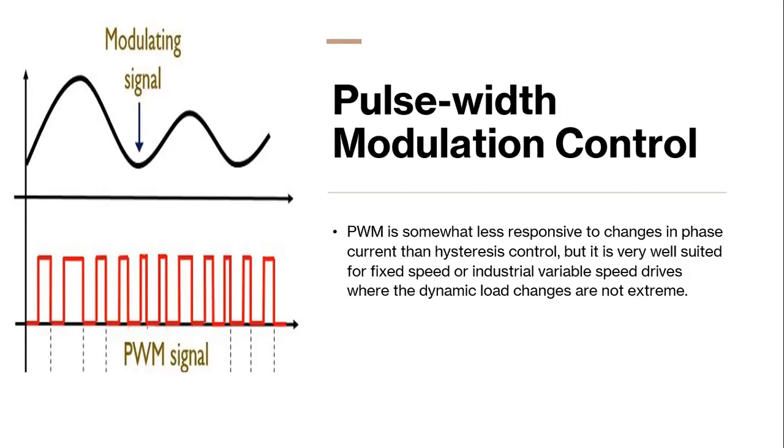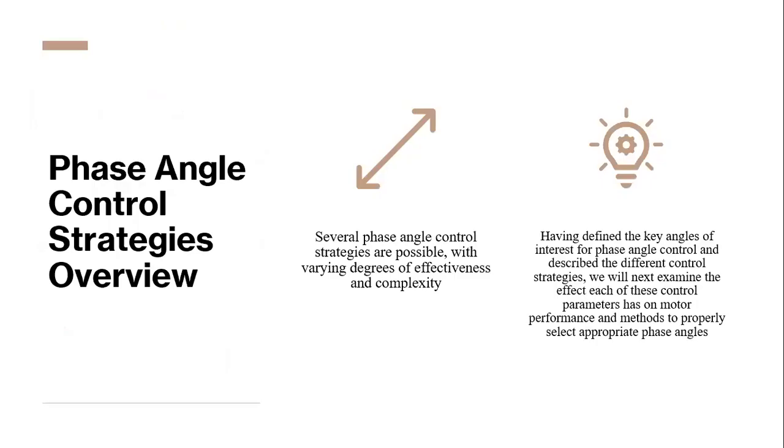Whenever we need an industrial speed drive, such as a VFD or a DC-DC converter based speed drive, where dynamic load and static load change many times and transient stability is not the extreme point, at that time we use pulse width modulation control.